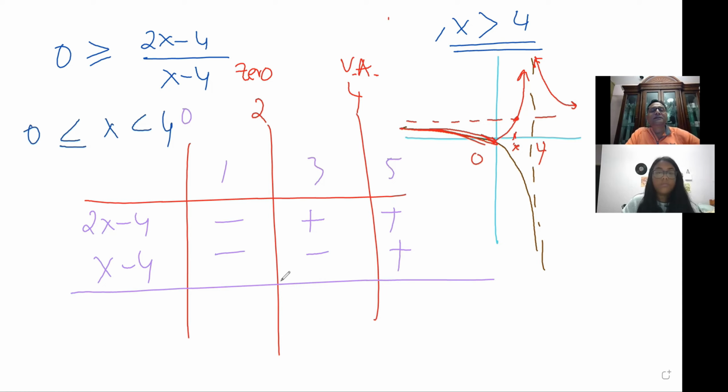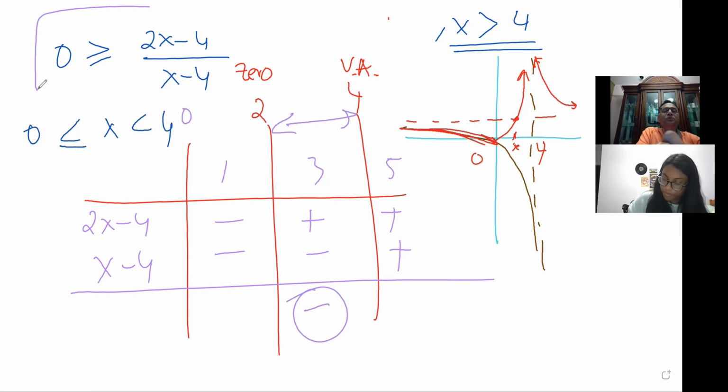So when is it negative? We want 0 to be greater, that means we want this to be negative, right? So it is negative in the interval between 2 to 4. Is it okay? So this inequality is true between 2 to 4. And therefore, we get our solution. That means this point is 2, right?